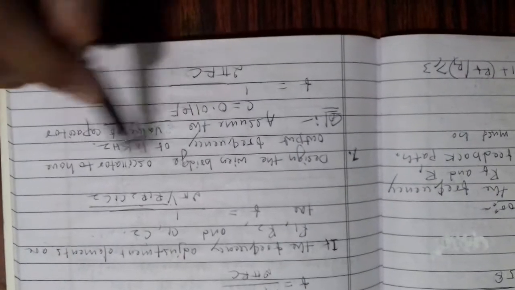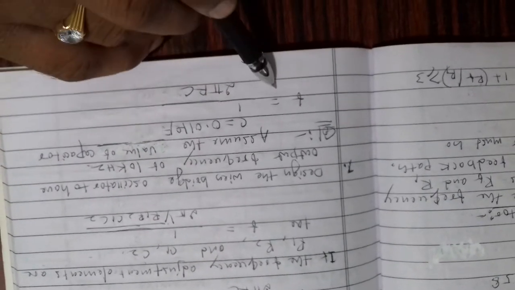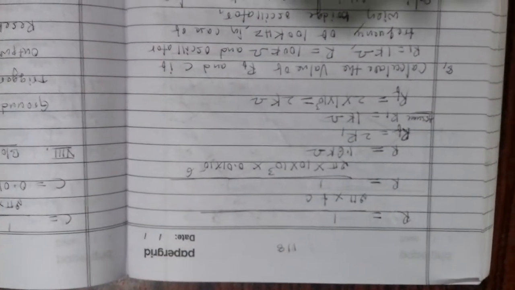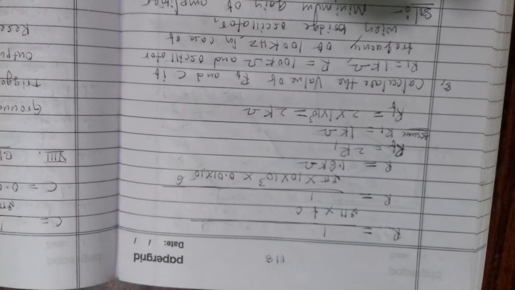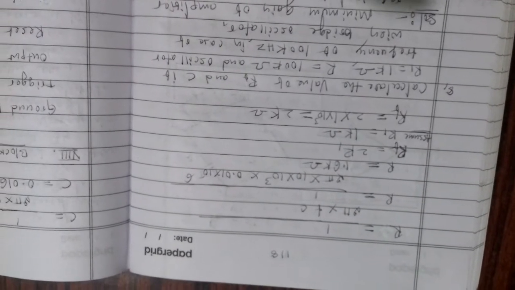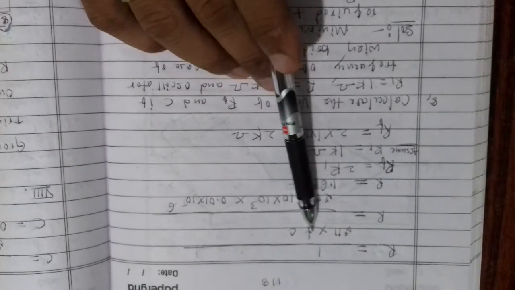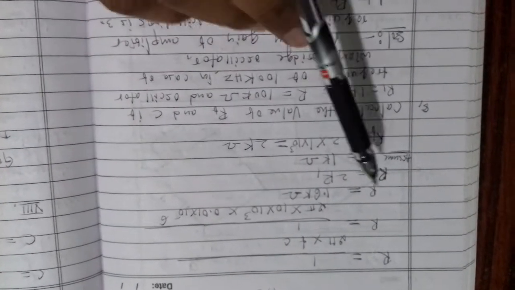Design the Wien bridge oscillator to have output frequency of 10 kHz. Assume the value of capacitor C is equal to 0.01 microfarad. f is equal to 1 upon 2 pi RC, so R is equal to 1 upon 2 pi into f C, which is 1 upon 2 pi into 10 kilohertz into 0.01 into 10 raised to minus 6.